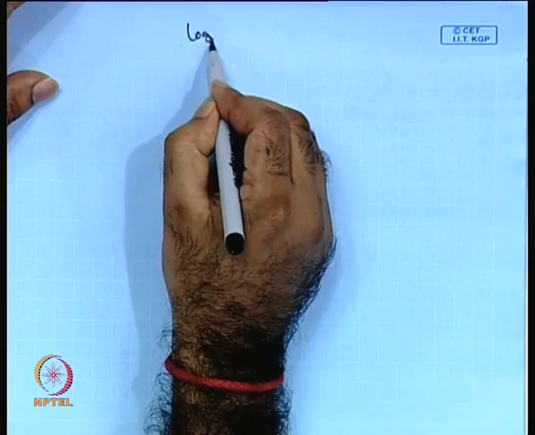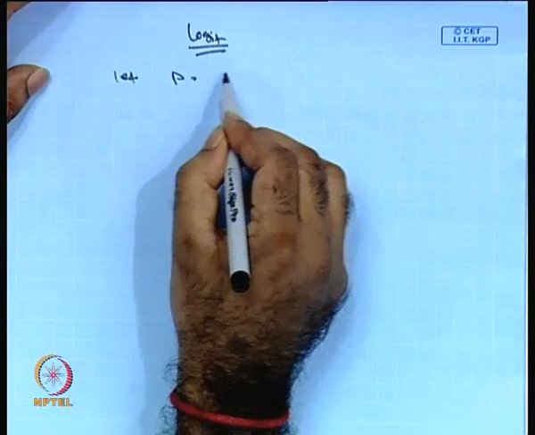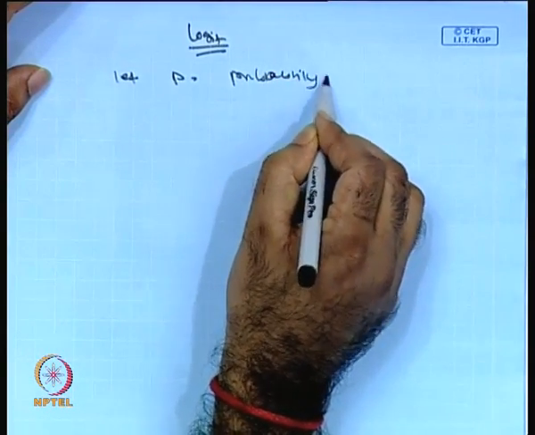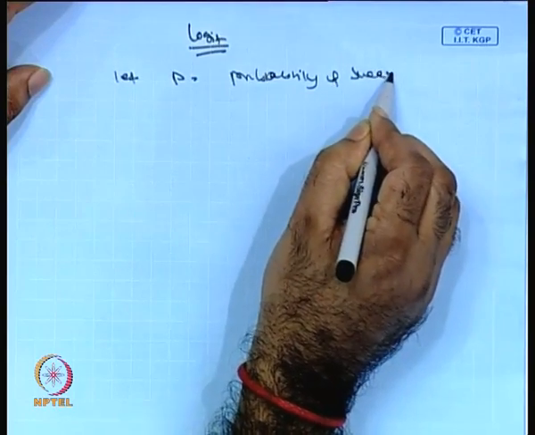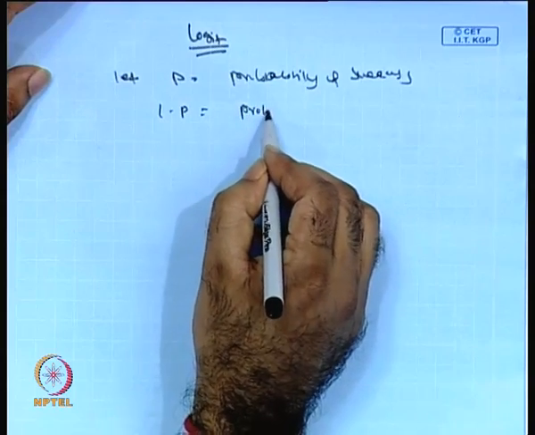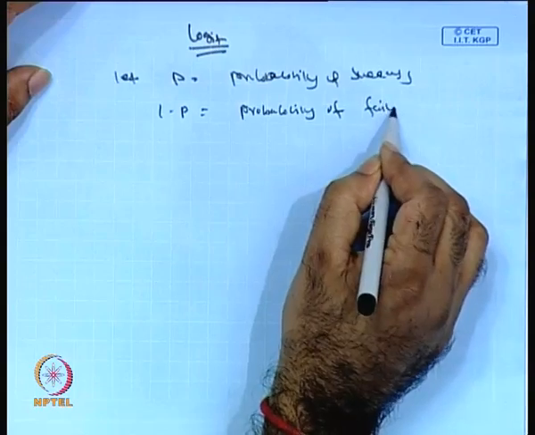So for the Logit model, we assume that P is the probability of success, and 1 minus P is the probability of failure.